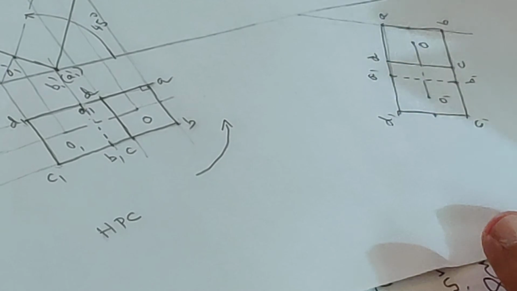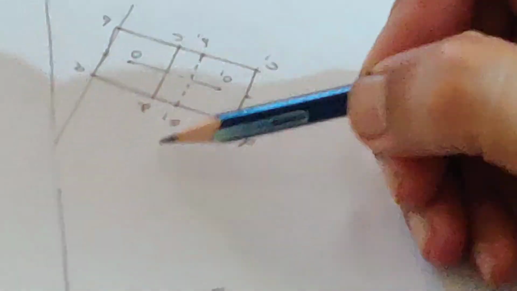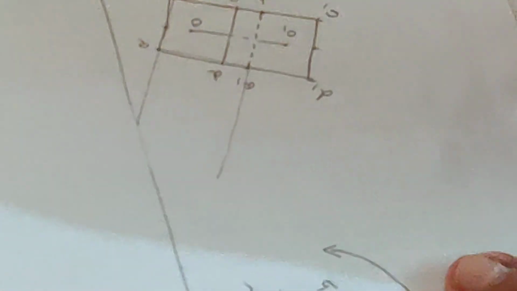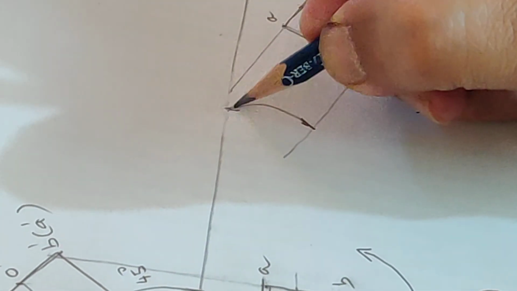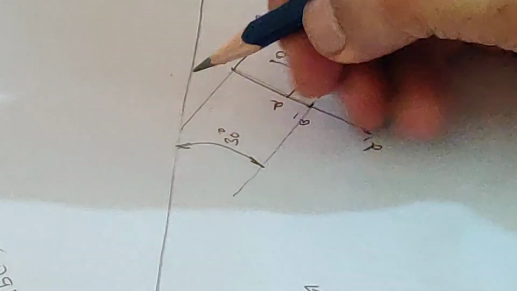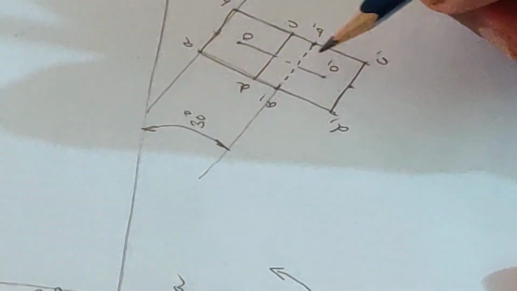Now the condition given is A1, B1 is inclined at 30 degrees to HP. So I will show the angle for A1, B1. That's important. Though you started by taking this as 30, when you are showing it, you must show the angle for A1, B1. That's it.